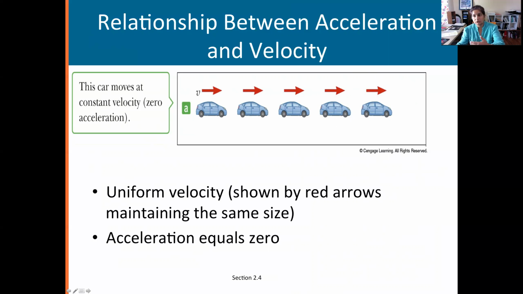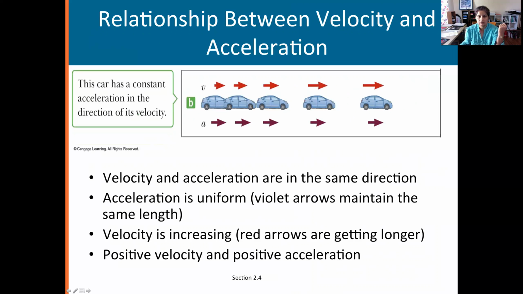If the velocity is not changing with time, what would our acceleration be? It would be 0. There is no change in velocity. Remember, acceleration is the rate of change of velocity with time, and here we have no change. So just from this one picture, we can deduce that A, the velocity is uniform, B, the velocity is to the right and is positive, C, that the acceleration is 0 and is constant.